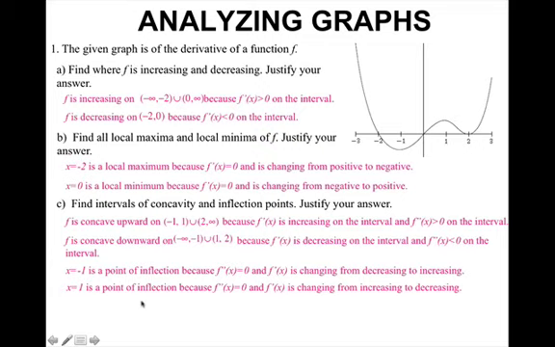X equals 1 is also a point of inflection because f double prime would be 0, you have a horizontal tangent line, and f prime is changing from increasing to decreasing, so it's changing concavity on the original. And then finally, x equals 2 is another point of inflection because f double prime is 0 and f prime is changing from decreasing to increasing.